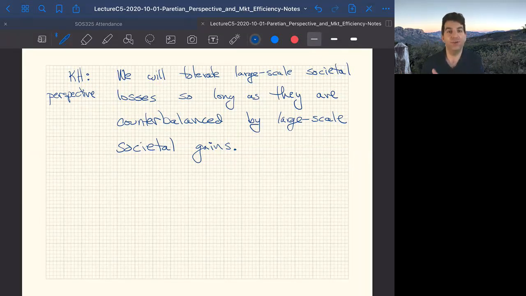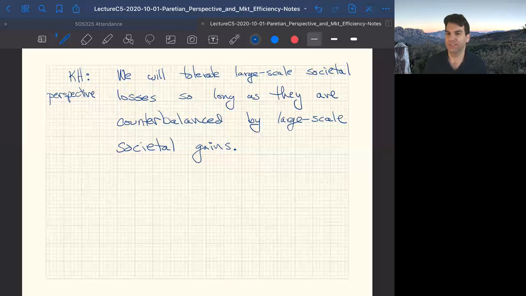That might be one way you view it. Or you view it the other way around, where we can take a huge amount of revenue away from the 1%ers, and we're willing to tolerate screwing over the 1%ers just so long as we increase the benefit to educational systems such that so many more people benefit that we're willing to tolerate the losses to the 1%ers. So the way you interpret this kind of depends on your perspective.